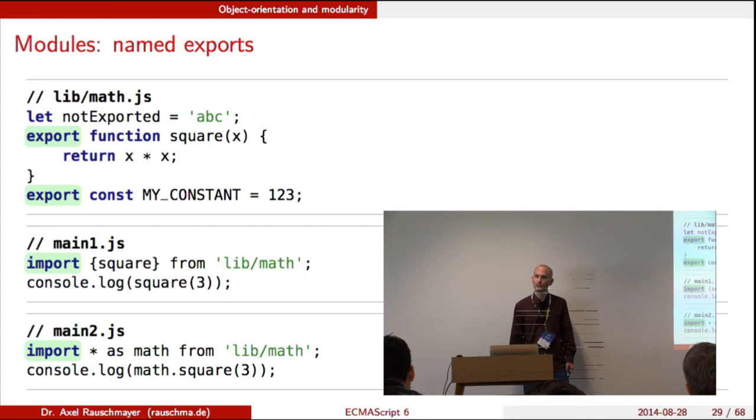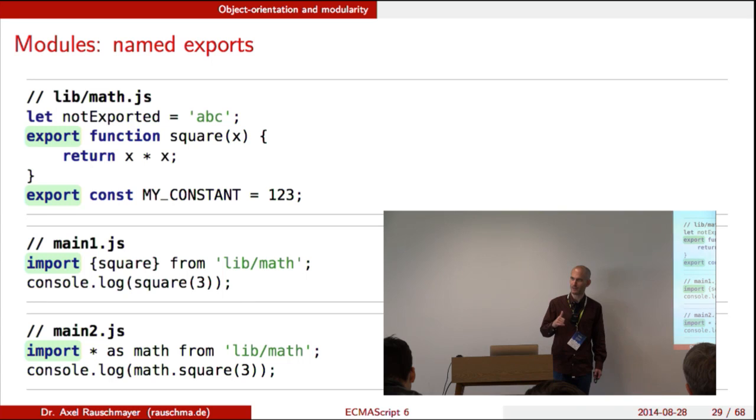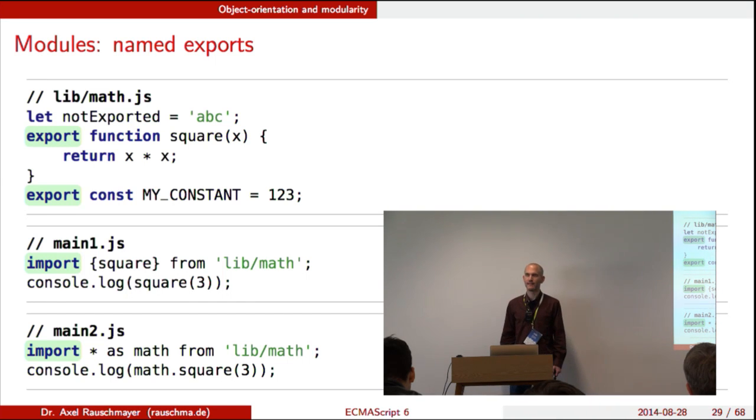So we have two competing standards. Who of you have heard of AMD? So there's one standard that's very popular in browsers. And then there's another standard, and that is called CommonJS, which is most popularly used in Node.js. And there's fragmentation.